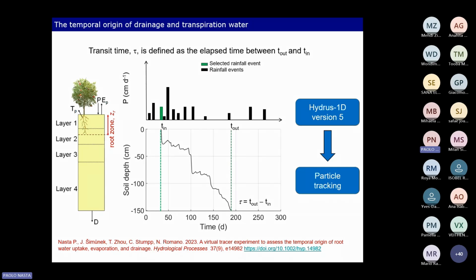And you understand that in the end, you will obtain a statistical distribution of transit times that will depend not only on the hydraulic characteristics of your soil profile, but also on the upper boundary conditions or the atmospheric conditions. So the travel time will be different in summer when, for instance, here in the Mediterranean area, in Campania, the summer is dry and with few rainfall events.